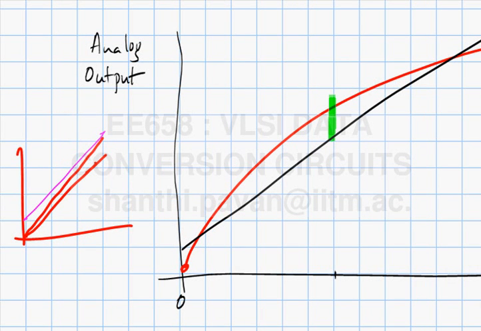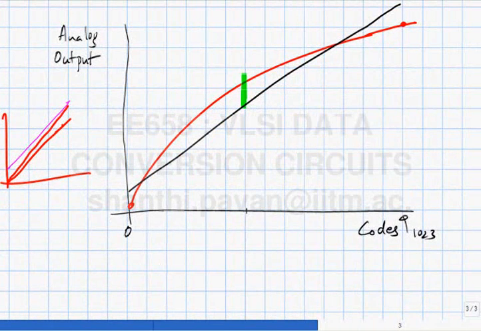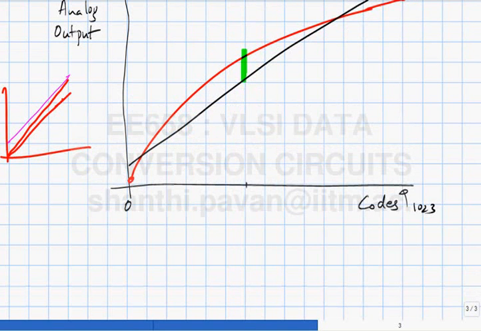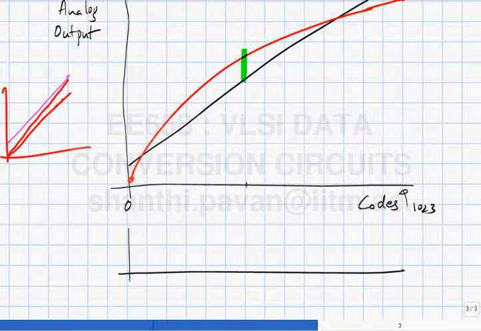The black is the ideal characteristic corrected for both gain and offset, and the deviation between the ideal and the actual characteristic is, by definition, the INL. So you can see clearly that the line marked in green is the INL of that code. Is that clear? In general, if you see an INL with the same sign throughout, so in general what you would do is, in this case, the INL is plotted as a function of code.